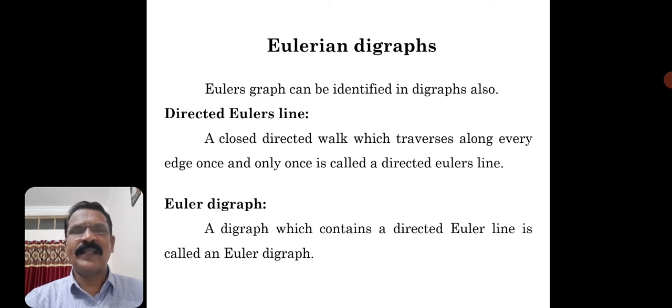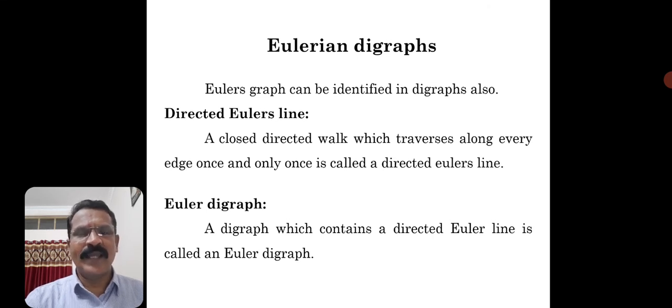So what is that Eulerian digraph? That we will see. Eulerian digraphs can be identified, as I said, in directed graphs also. Before that, how we have defined Eulerian cycle in case of undirected graphs. Here we will see Eulerian line. Instead of saying Eulerian cycle, we used to say Eulerian line, or you can say Euler's line. What is that?